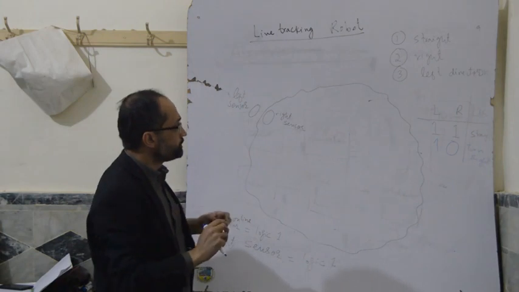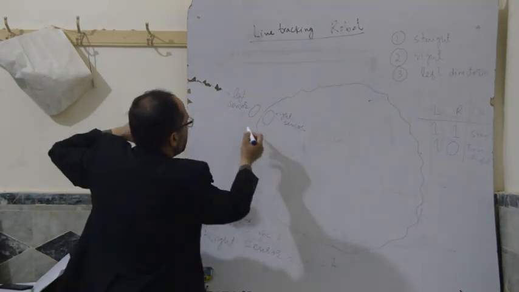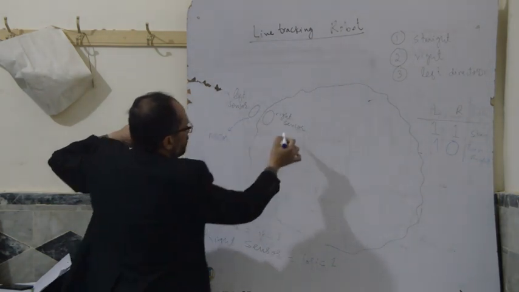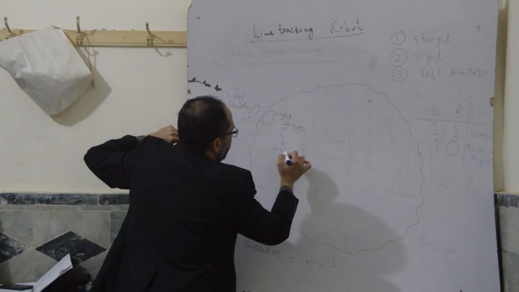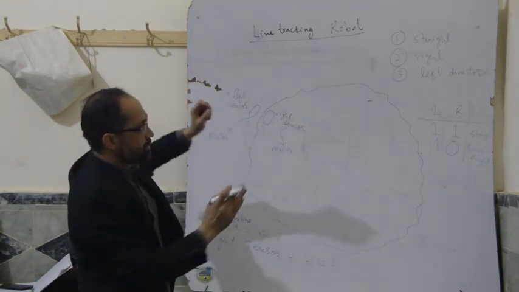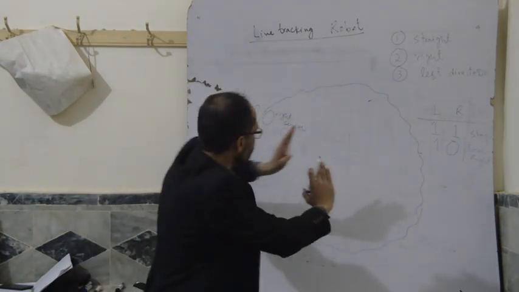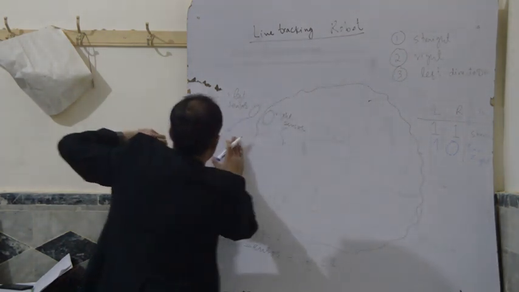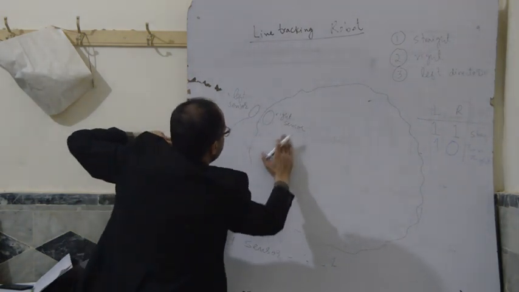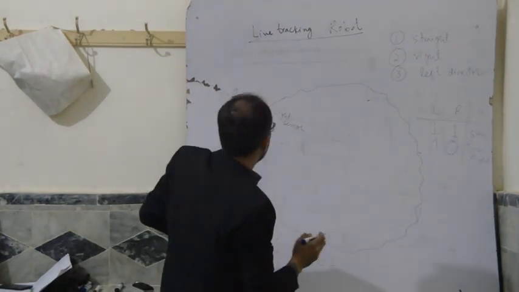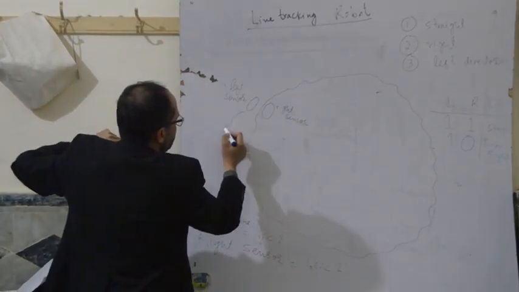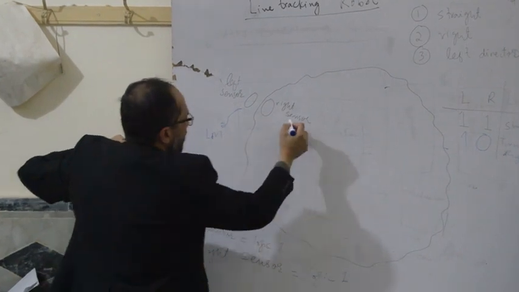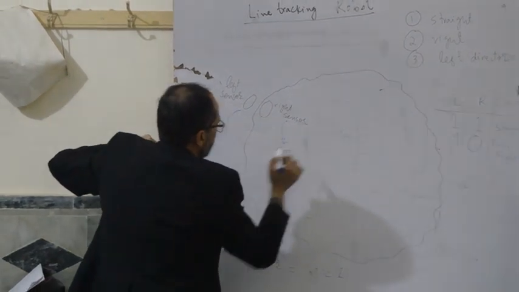So we need two motors, one motor on the left side and another motor on the right side. So we have two motors, left motor and right motor.